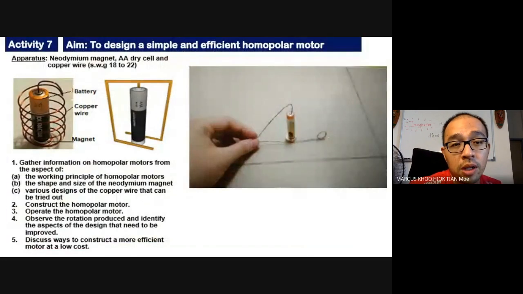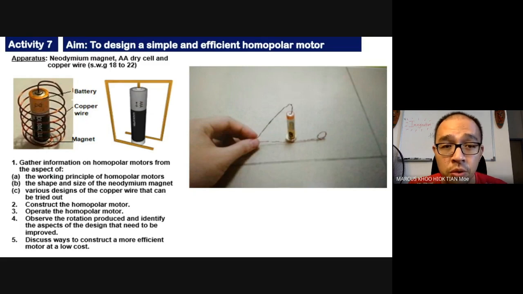Which is what we call a homopolar motor. A homopolar motor is a little bit easier to do, except that it is harder to accomplish.